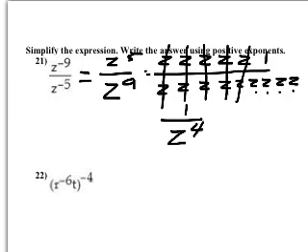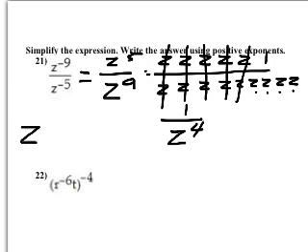Or another way to do it is you could just start off by saying if you have a fraction, you can subtract the power of the one on the denominator from the one on the numerator.